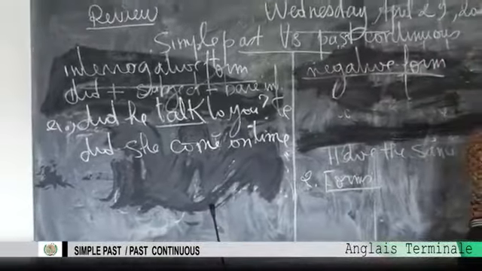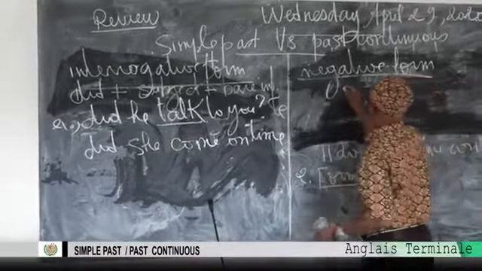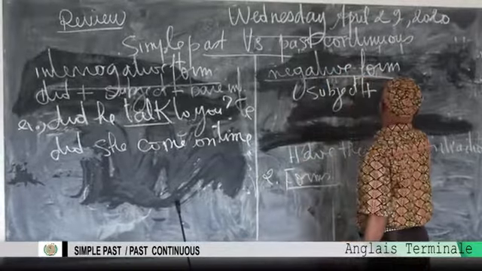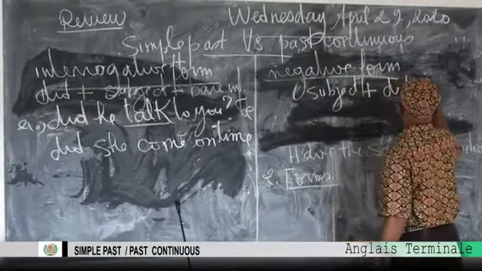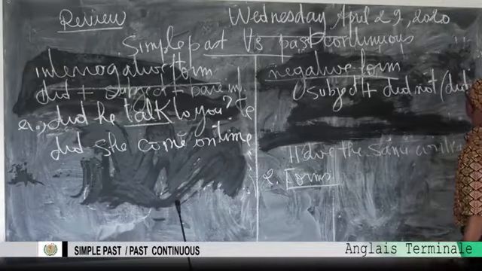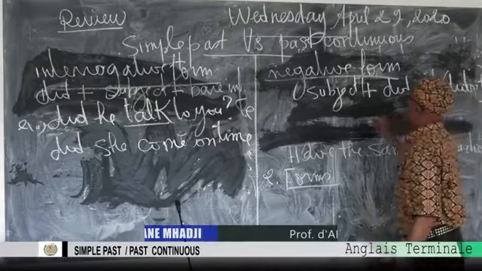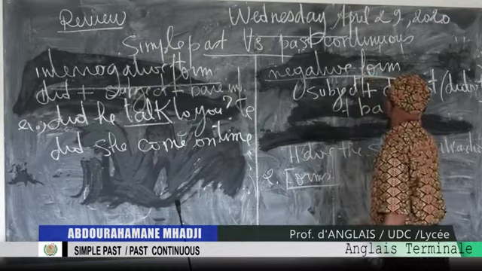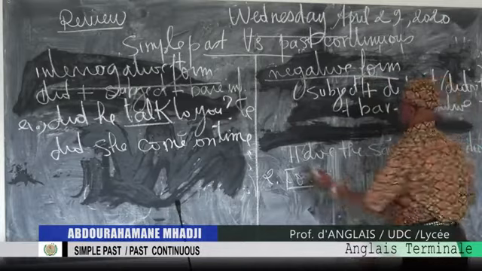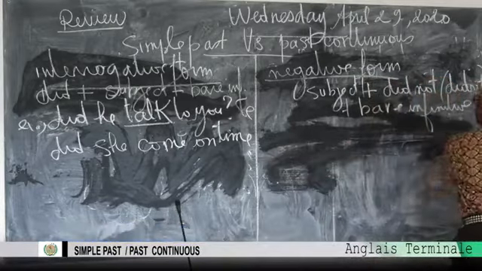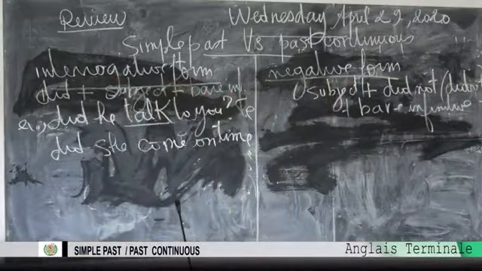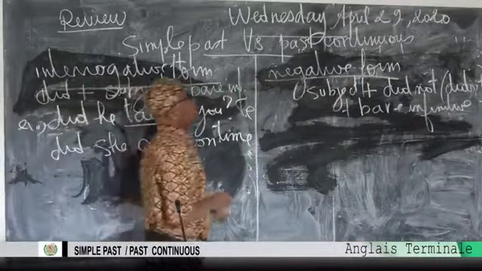The construction is also very simple. Subject plus did not, or didn't, the shortened form, plus bare infinitive. Again here, the construction applies to both categories of verbs.